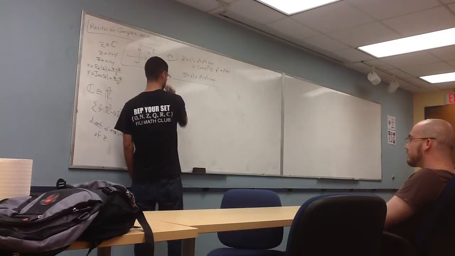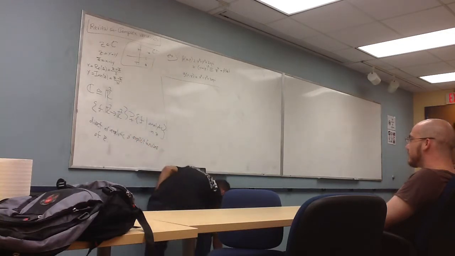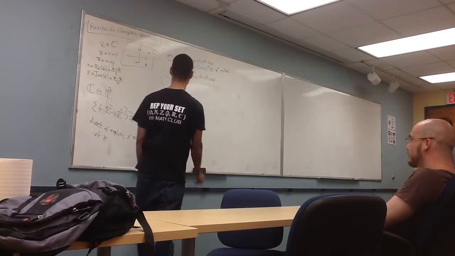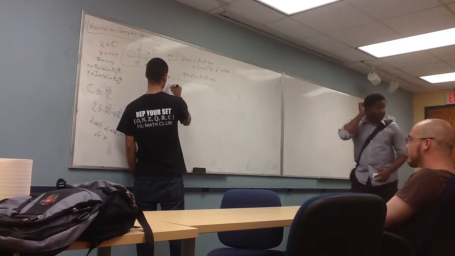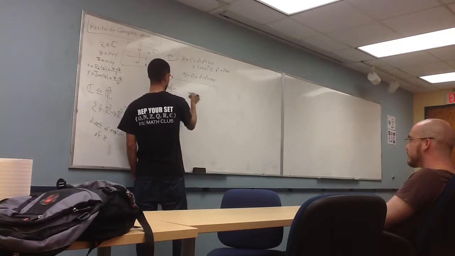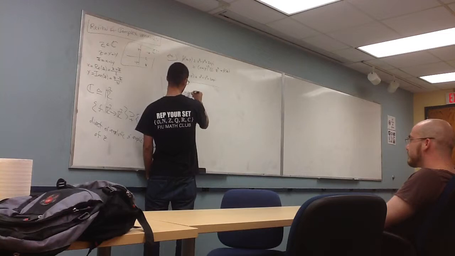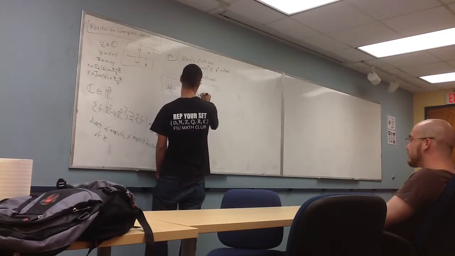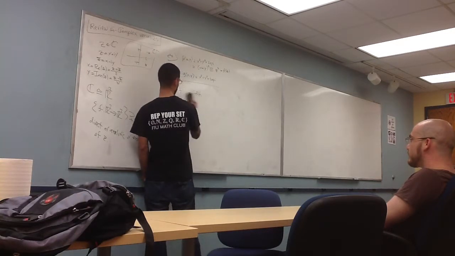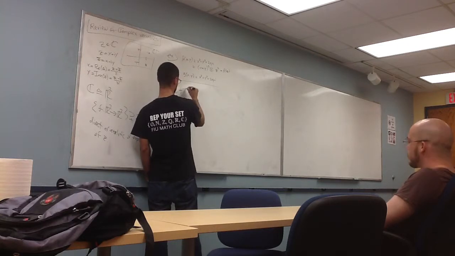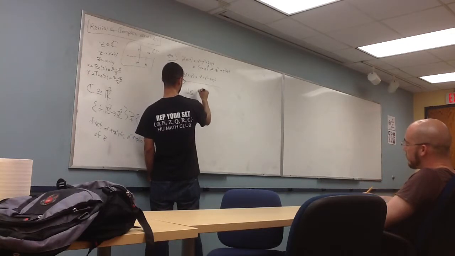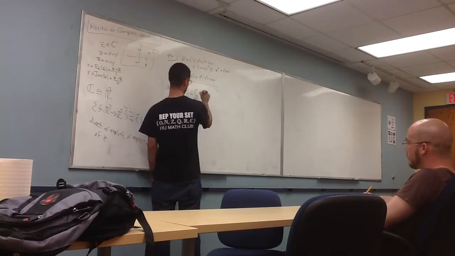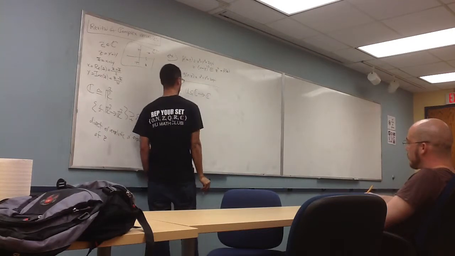So for now, we're going to take our definition to be the one you guys use in class. So definition: f is analytic or holomorphic. So f is a function from U, a subset of the complex plane, to the complex plane.